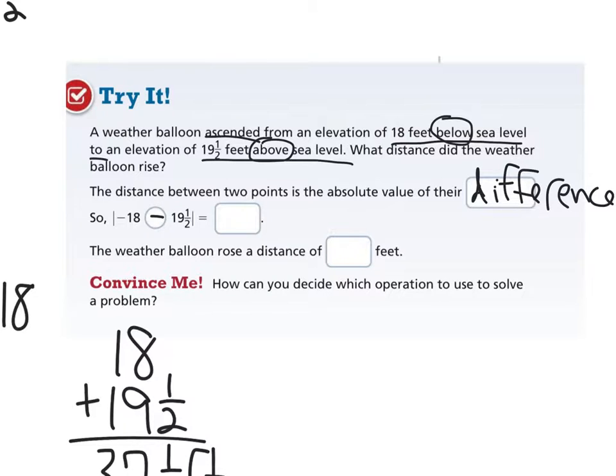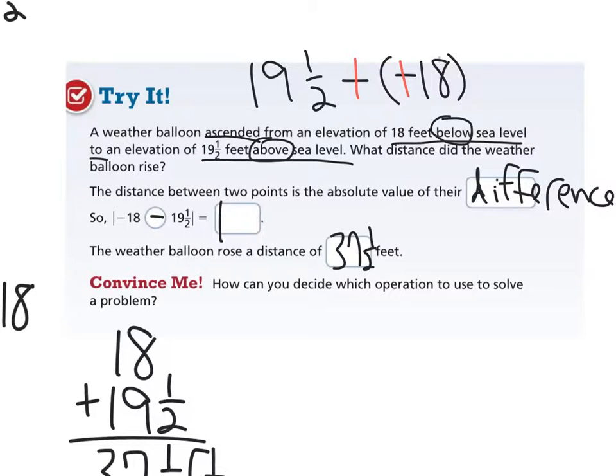What I like to do rather than what the book's doing is say, let's take the highest minus the lowest. And then you don't have to worry about absolute values. Okay, high minus low, just like we talked about with temperatures and things before. And then you'll get that. So this would be 37.5 feet.